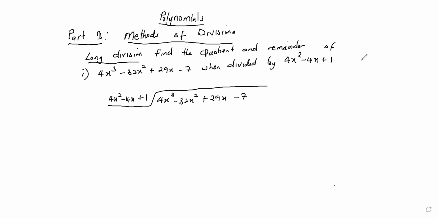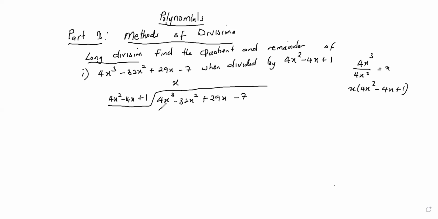So we're dividing 4x power 3 by 4x squared. So we end up getting x. So we put x here. And then multiply x by 4x squared minus 4x plus 1.